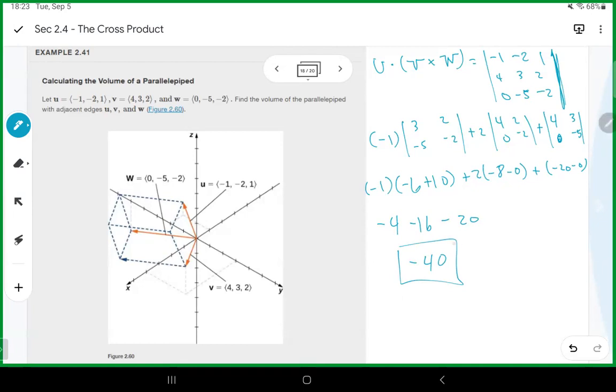That is a fun word. So, we cannot say that the volume is -40.